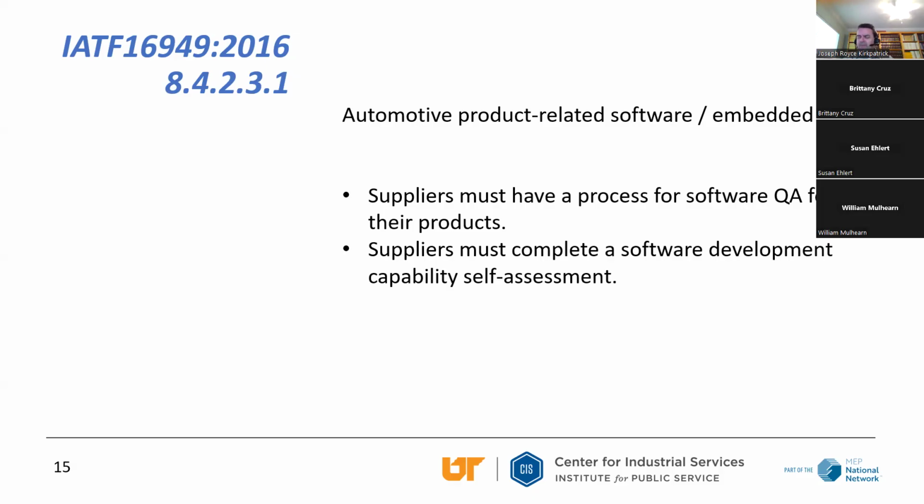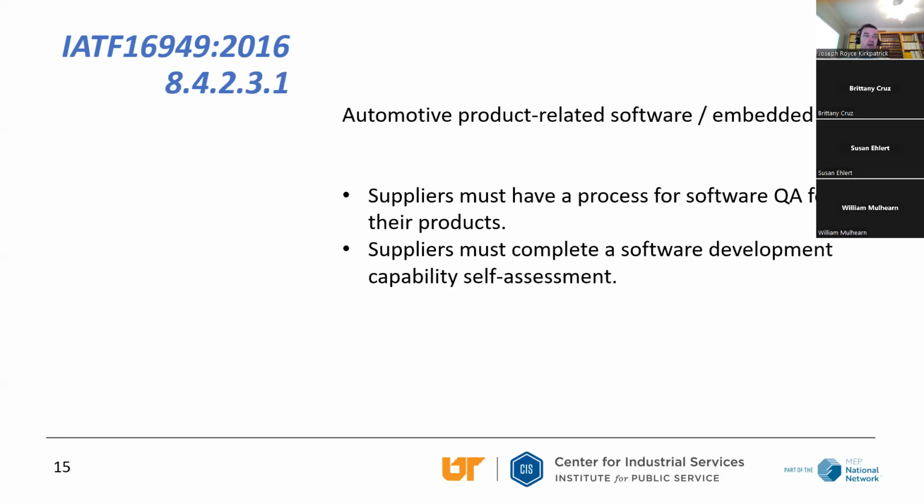Software. If you have embedded software, there are requirements with that. Suppliers must have a process in place for software quality assurance for their products. Suppliers must complete a software development capability self-assessment, kind of like a CQI, but it's related to software development.